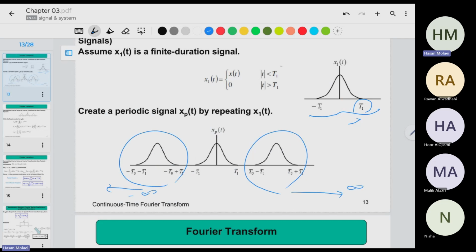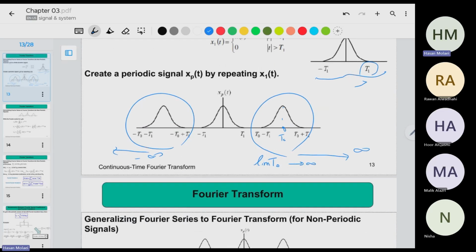How can you do that? If I find the limit of T0 when T0 goes to infinity. This is T0. It's up to me, I try to make it imaginarily periodic. I can make that period infinity. So in that case, I will have only x(t).